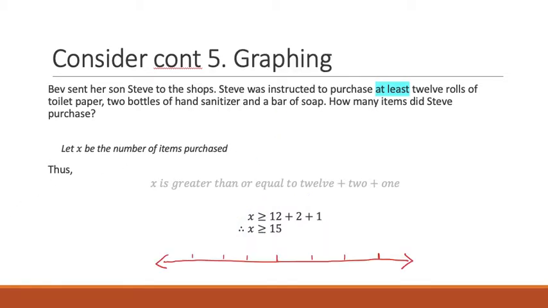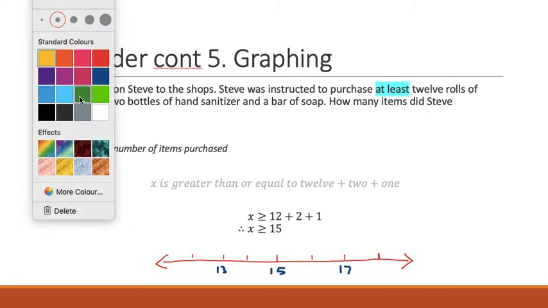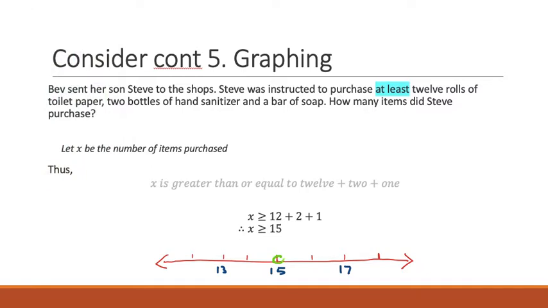Now, if we wanted to plot this on a number line, once again, I've got my real number line here. I'll simply annotate it and I'll say 15 is here, 13 is down here, and 17 is here. And to graph x is greater than or equal to 15, I'll draw a circle on the number line at 15, and I'm going to draw an arrow pointing to the right.